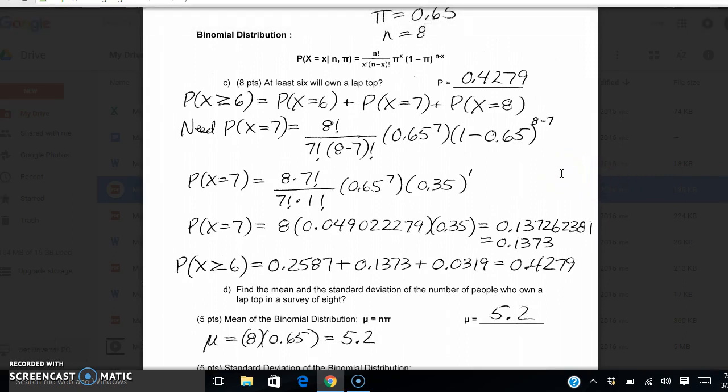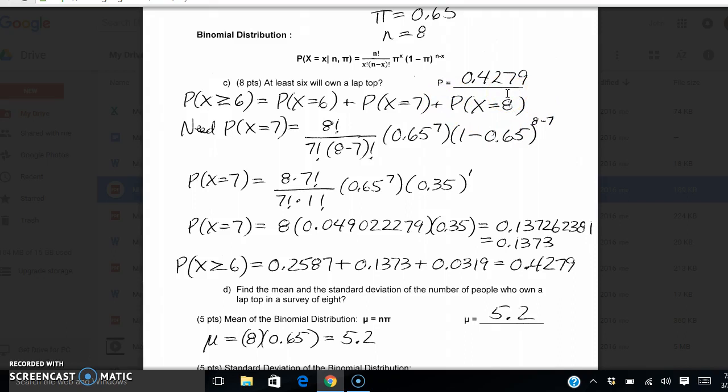Now in section C, the question is, what is the probability that at least 6 will own a laptop? So the probability that at least 6 means the probability of 6 plus the probability of 7 plus the probability of 8.